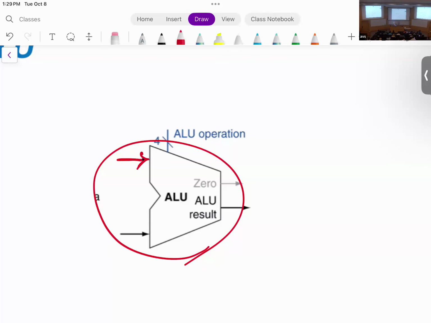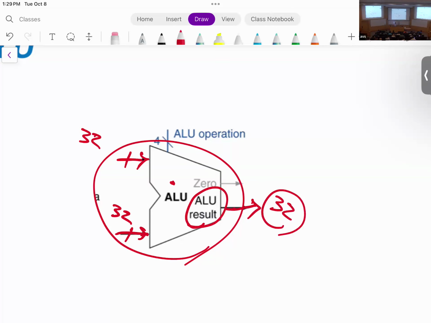It takes 2 inputs, and remember, these 2 inputs could be either 2 registers or 1 register and 1 immediate. There are 2 possibilities, but in both cases we take 32-bit data. So the ALU takes two 32-bit data and produces what we call the ALU result. Again, this value is also 32-bit.